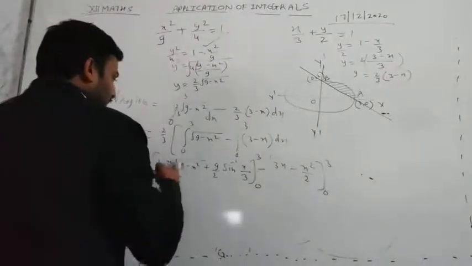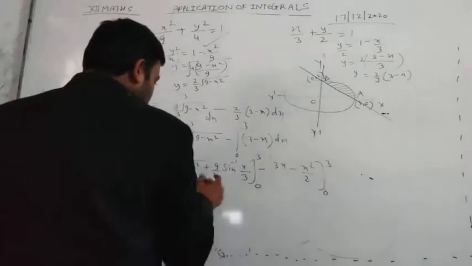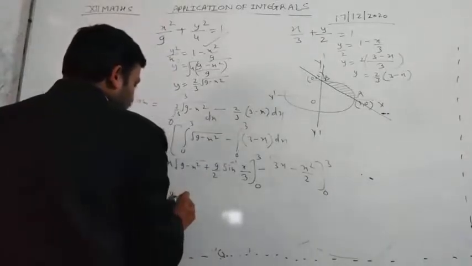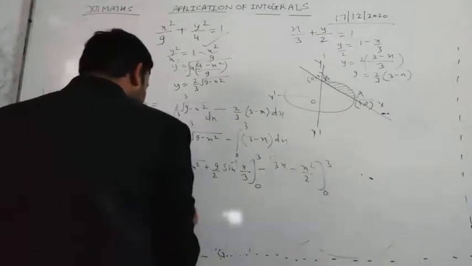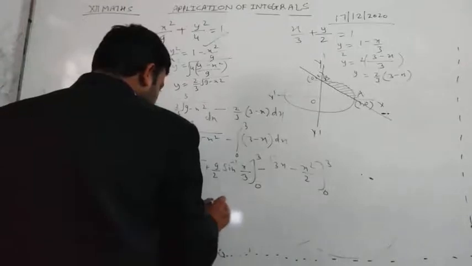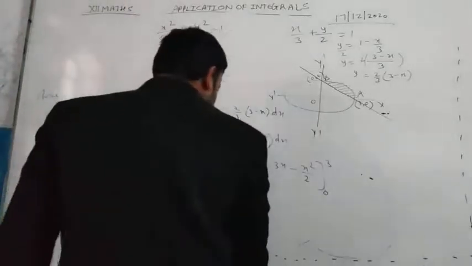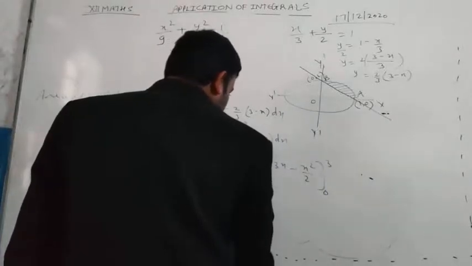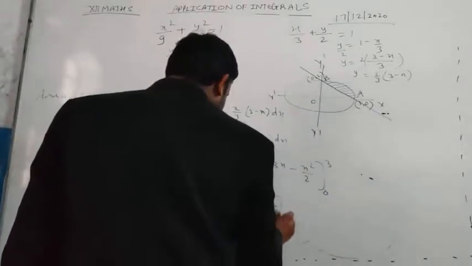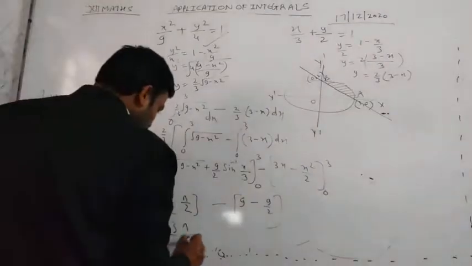Now put here 3, so the first term will be 0, so 9/2, and this is sin⁻¹(3/3), so it will be sin⁻¹(1), so it will be π/2, minus, this term will be 0, and minus this will be 9 − 9/2. So further solving, after solving we get 3π/2 − 3.